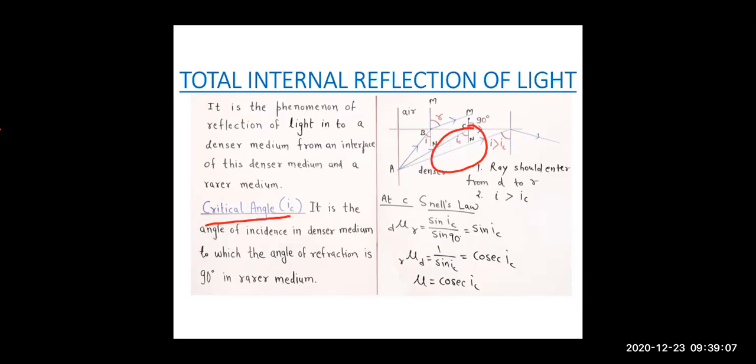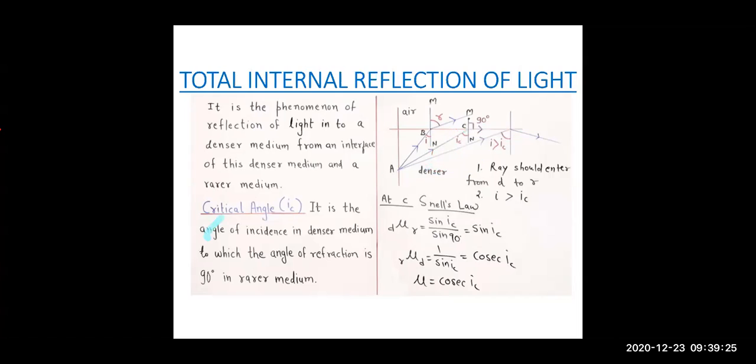So the critical angle is the angle of incidence for which the angle of refraction is 90 degrees. The refracted ray will move along the interface. Interface is the boundary between the two surfaces, right?